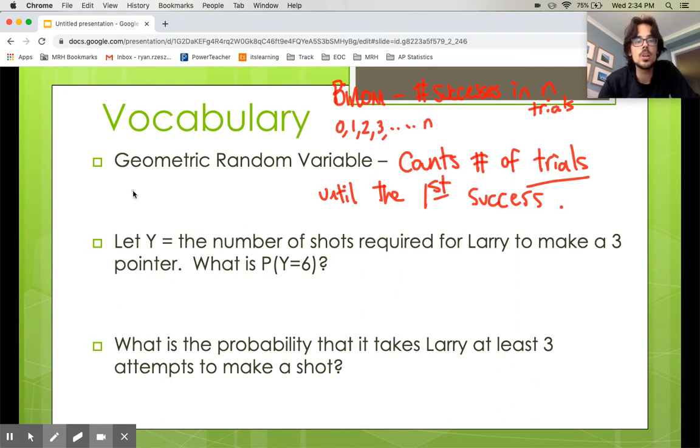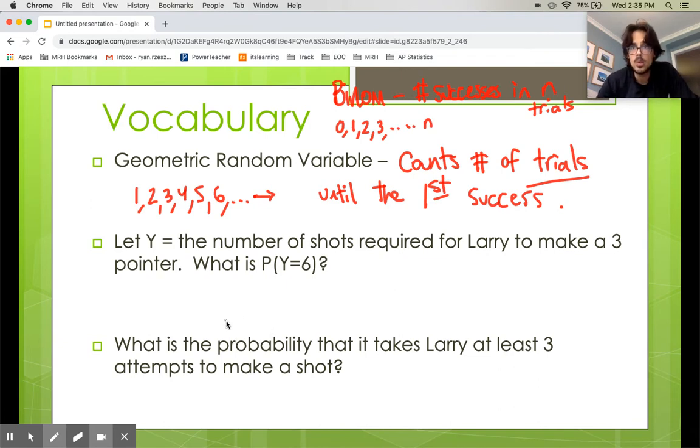So a geometric could not equal 0. You'd have to have at least one shot before you can make one. So the lowest possibility is 1 as opposed to 0. And when you think about how many options are possible right here, there's actually never an official stopping point. It could take him a million shots until he finally makes that first shot. You don't know. So there is no end point for this. It just keeps on going. Okay? So there are differences between binomial and geometric.